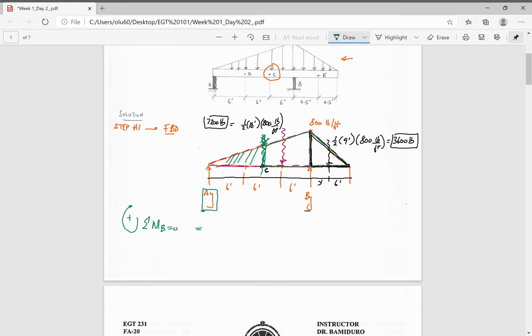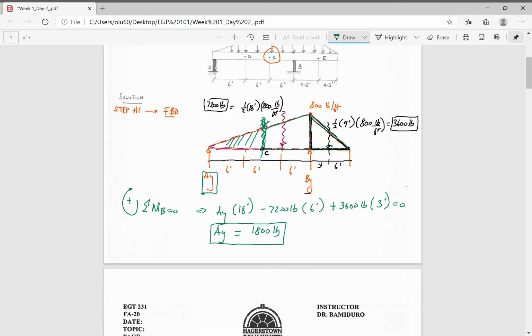In doing so, you're going to get AY times 18 feet minus 7,200 pounds times 6 feet plus 3,600 pounds times 3 feet equals 0. My AY equals 1,800 pounds.